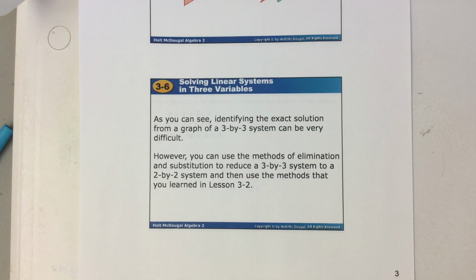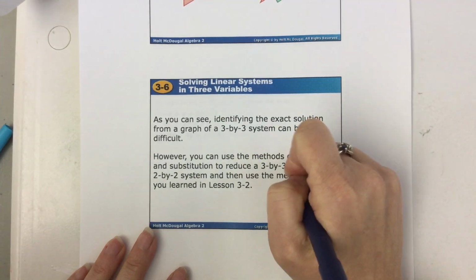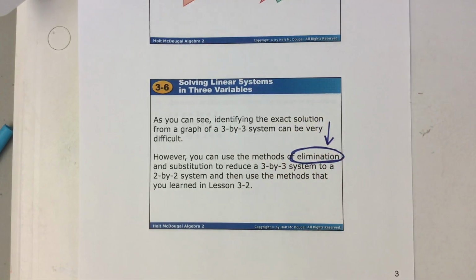We're jumping right to algebra. The method of elimination is going to be your best friend. What you want to do is go ahead and take your 3 by 3 system. You want to pick 2 equations, eliminate a variable. Pick 2 different equations and eliminate the same variable.